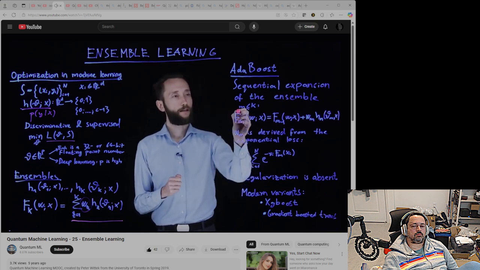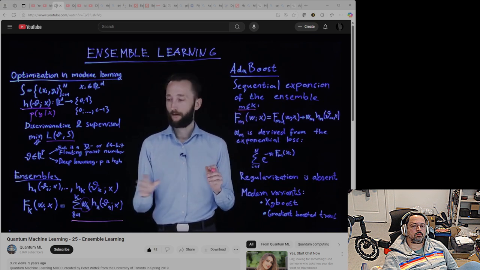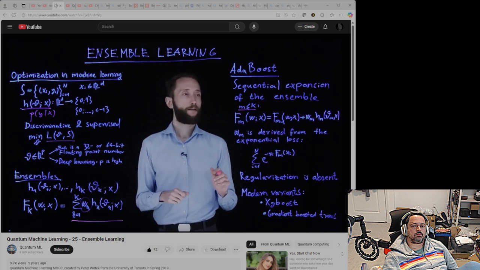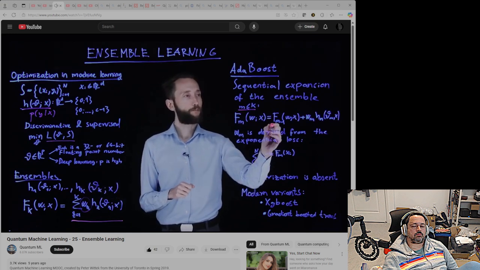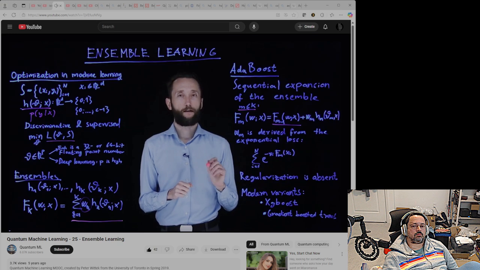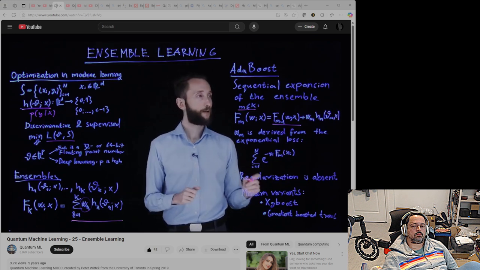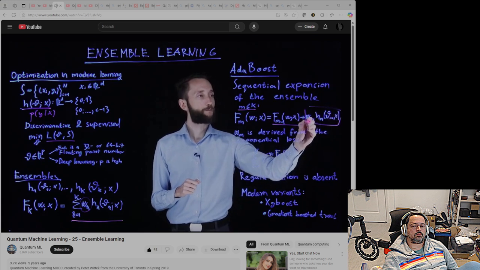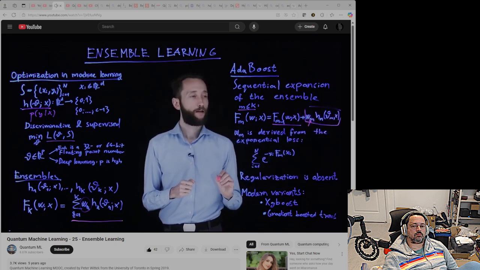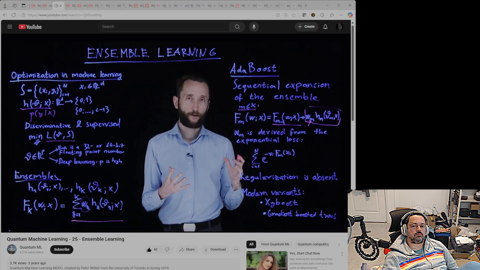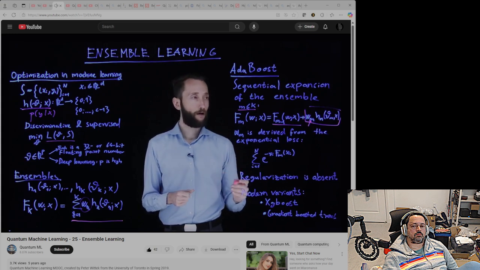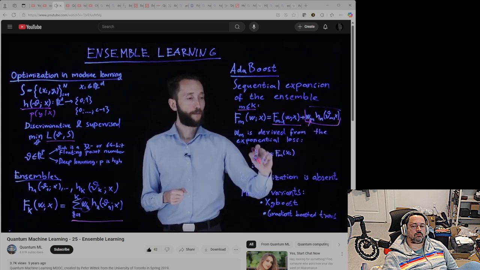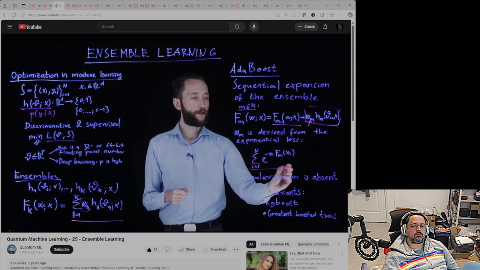So if you have fewer than the available models, then you take the previous ensemble that you built so far, and you add the new model with some corresponding weight. And the way you calculate the weight of this new model is by looking at the exponential loss.